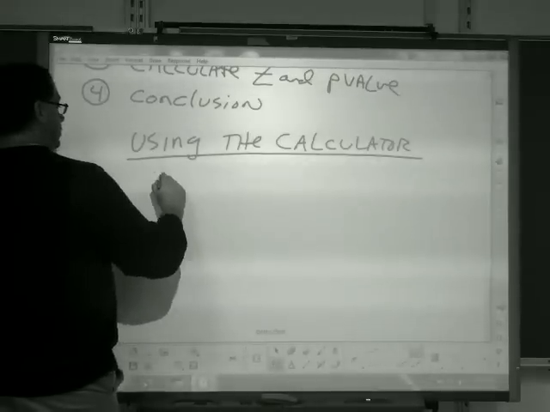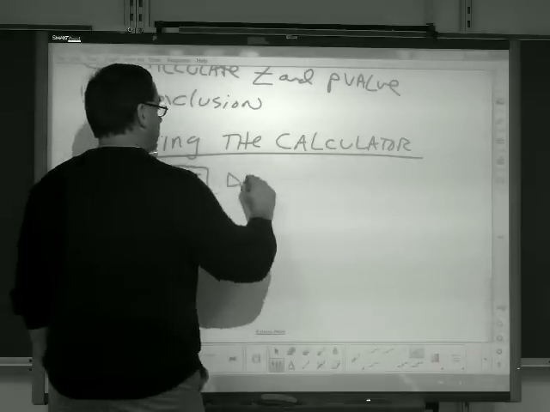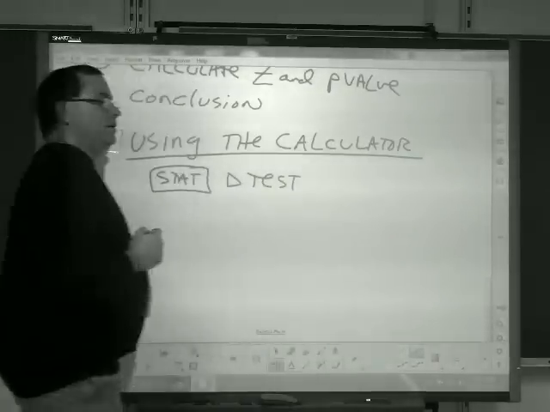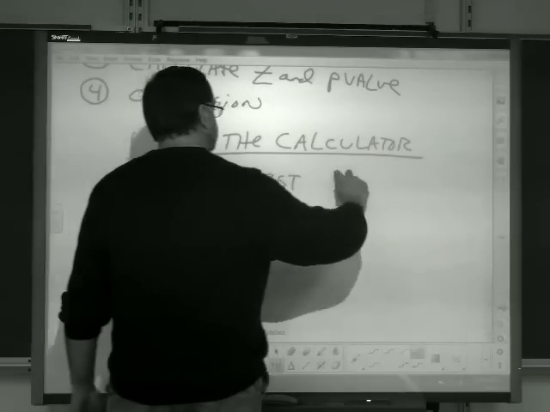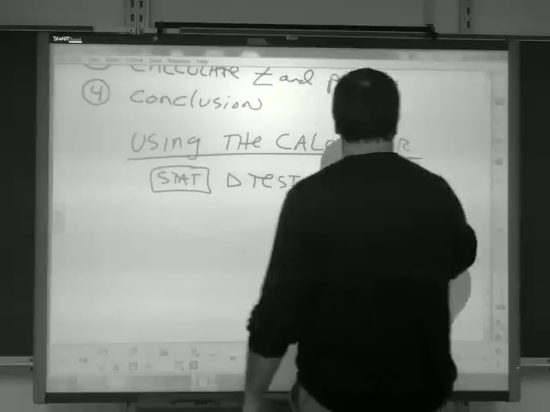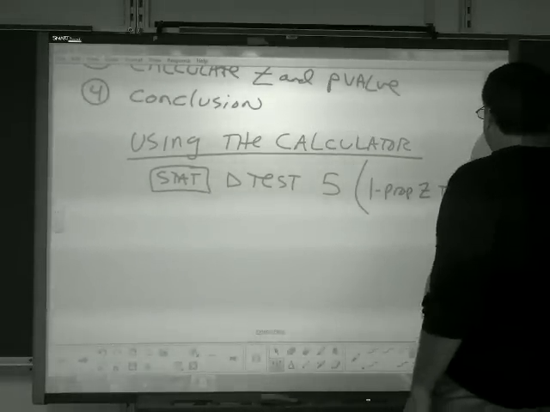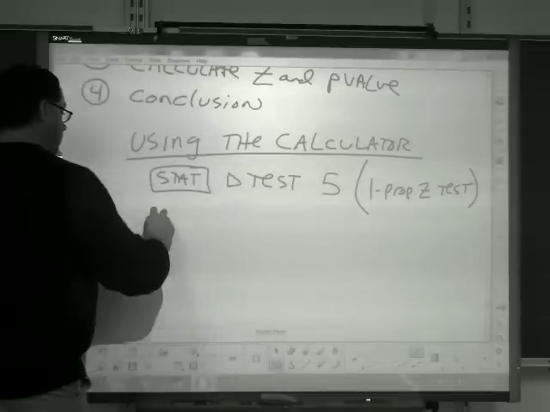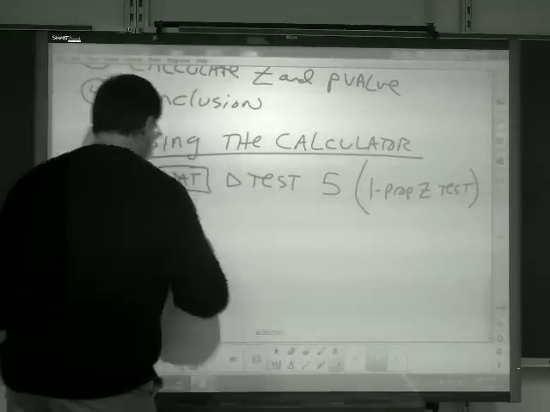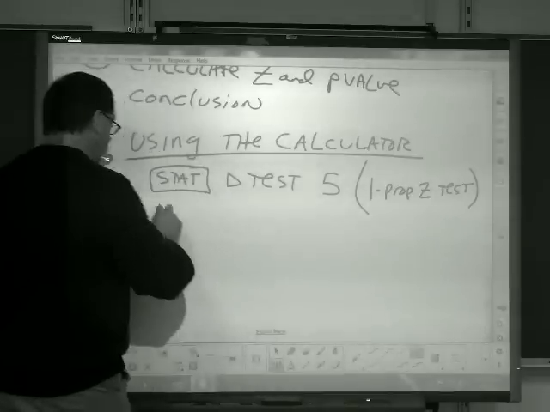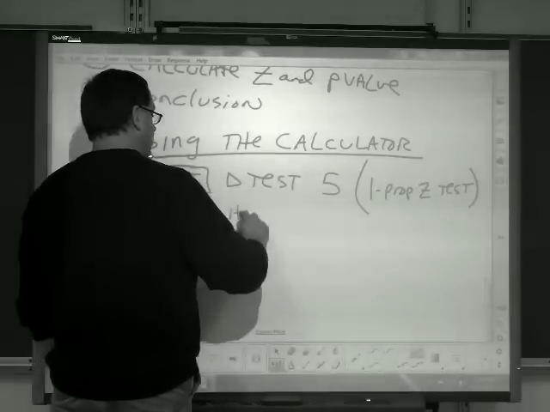Using the calculator, you're going to go STAT, TESTS, and then the option was number 5, which was 1-PropZTest. And then it says p sub 0, which is your null hypothesis.